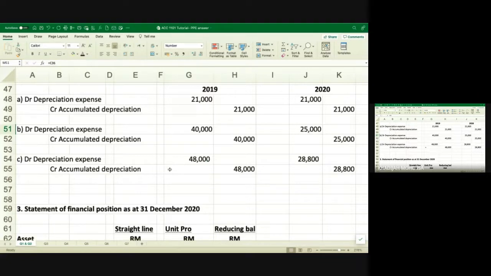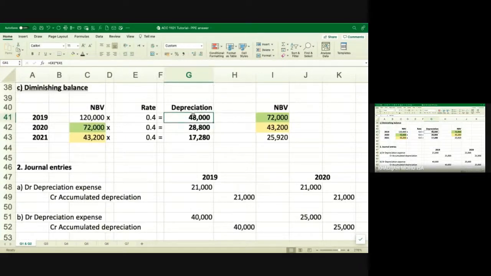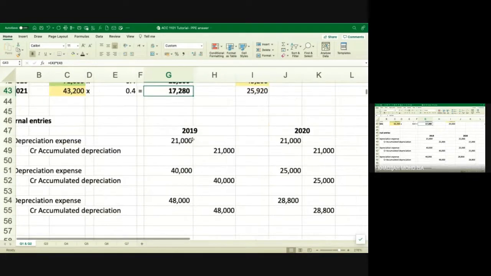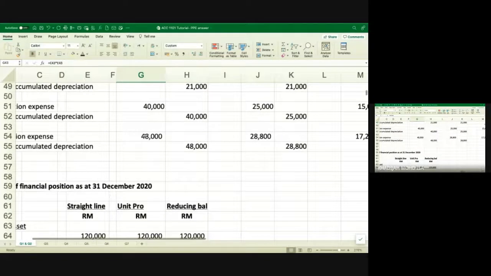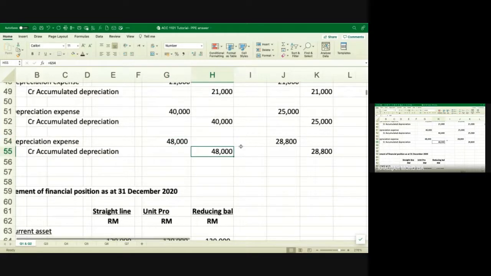And finally, for your depreciation expense under diminishing balance, remember that the figures are 48,000, 28,800 for 2020 and 17,280 for 2021. So you debit depreciation expense and credit your accumulated depreciation. But it's just that the figure now is not the same.